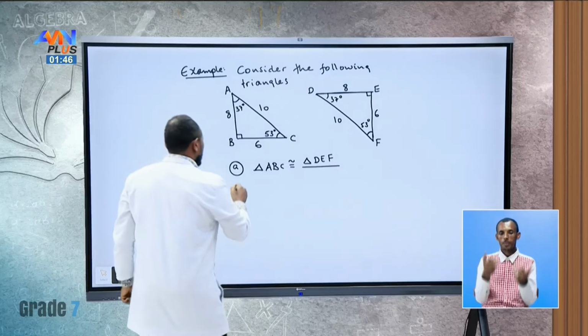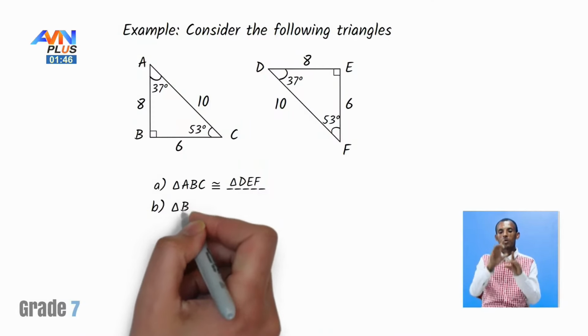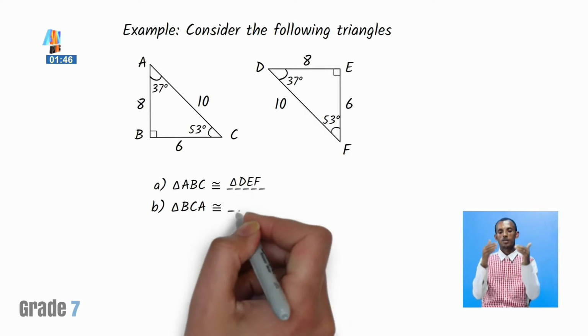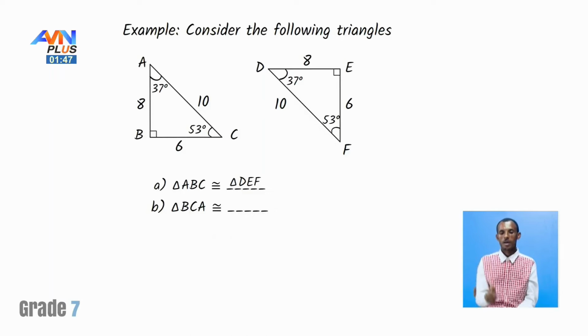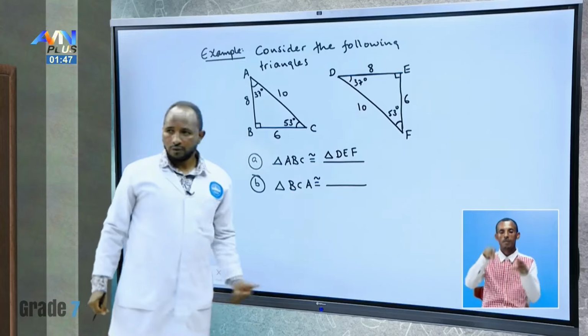Now, try this question. How do you fit this congruence? Triangle BCA is congruent to blank. I'll give you 20 seconds.